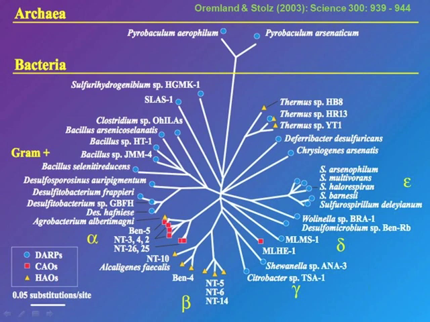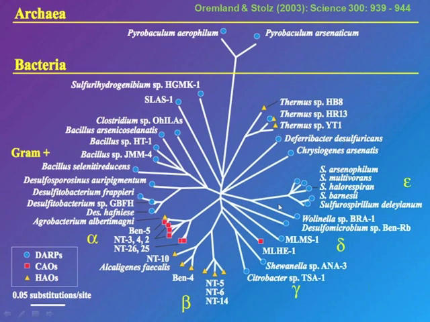So these processes have all been pretty well studied by now. This is a slightly outdated diagram from about 10 or 12 years ago, but it does serve to illustrate the point that the ability to reduce arsenate as a respiratory electron acceptor, as well as chemoautotrophic arsenite oxidation and heterotrophic arsenite oxidation, these different processes are widely distributed, like I was saying, between all the different groups of the bacteria.